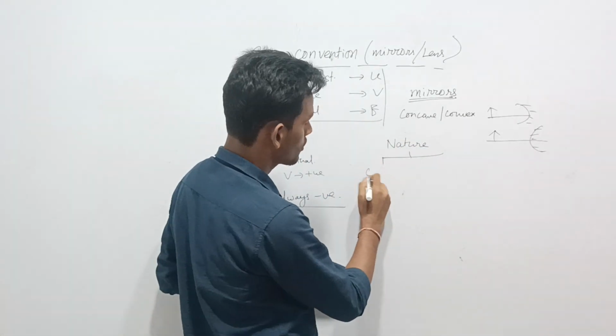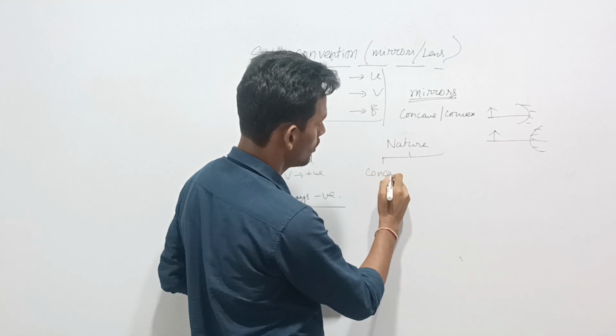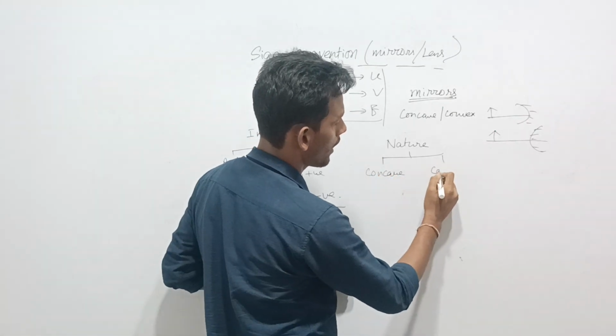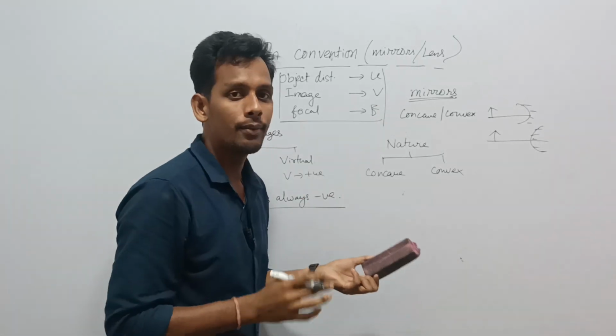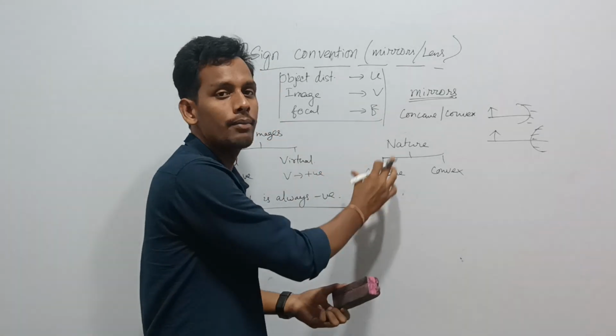Mirrors are of two types, spherical mirrors: concave and convex. How will you identify whether a mirror is concave or convex?